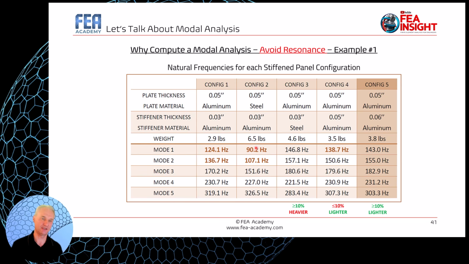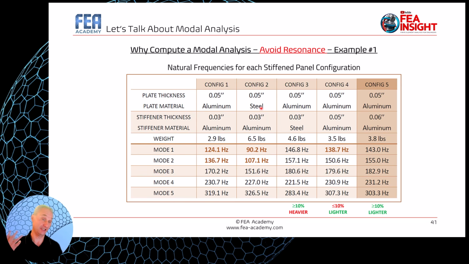This one is interesting because it is the same plate thickness. I changed only the material, okay? It is also the same stiffener thickness and the same stiffener material, but only the plate material changes, from aluminum to steel.